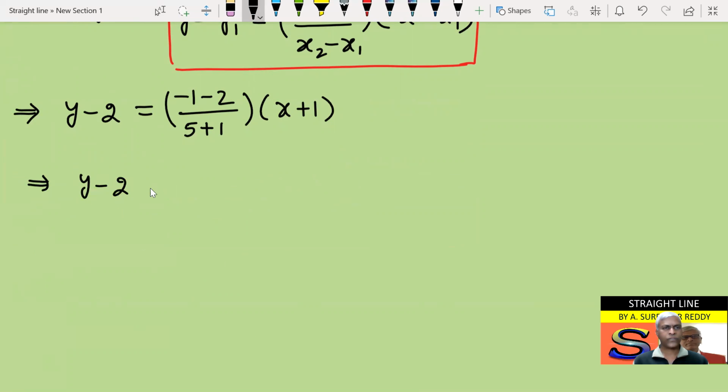So y minus 2 equals minus 3 by 6 into (x plus 1). So you can cancel.